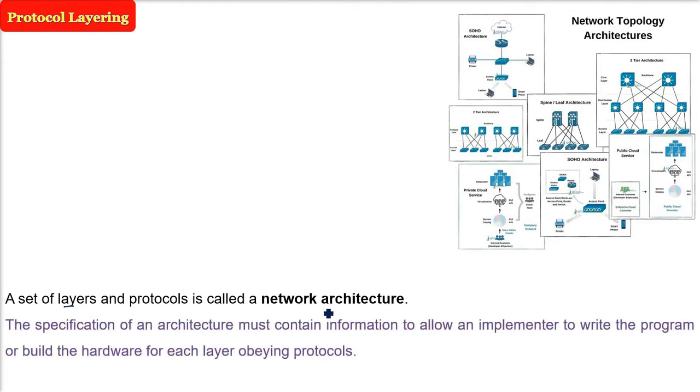We'll be talking about various network architectures. Whichever you choose, as a network designer you are supposed to give the specification of this architecture so that the actual implementer, a person who may be writing network software or making network hardware, can follow and conform to all the protocols. So a set of layers and protocols is called a network architecture.